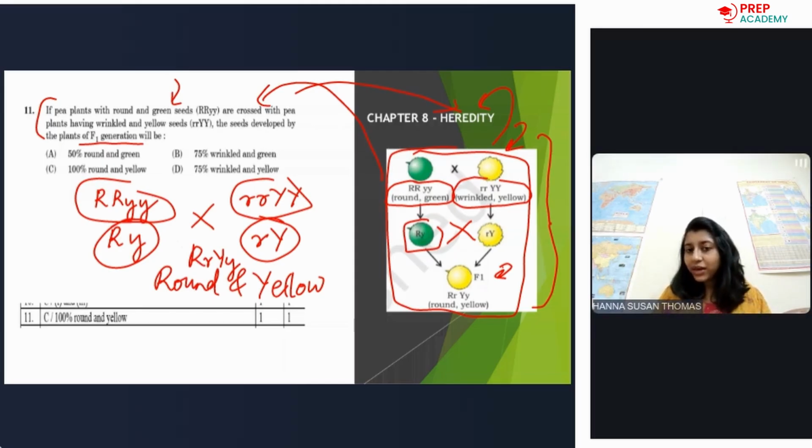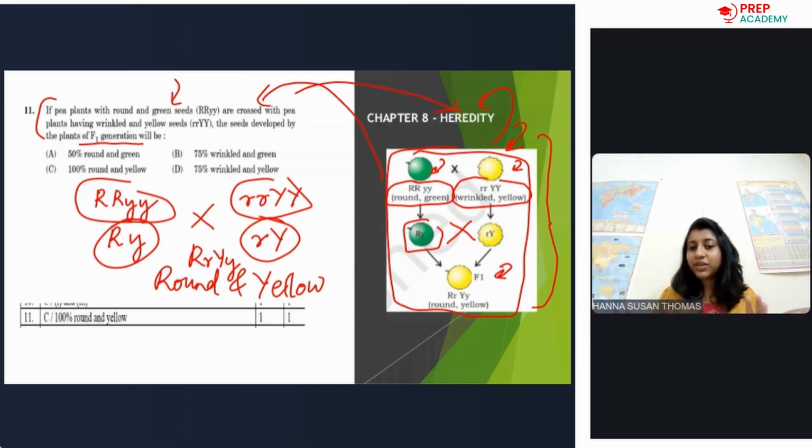Now, both these parents, round green and wrinkled yellow, have one dominant trait each. The first parent has round, the dominant trait for shape. The second parent has wrinkled yellow, where the dominant trait is the yellow color.